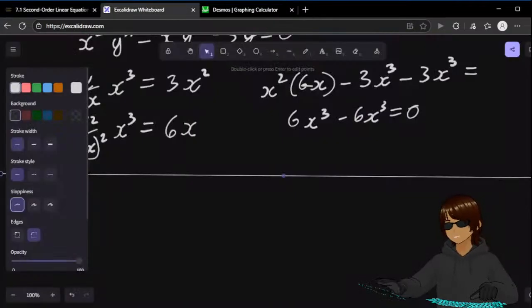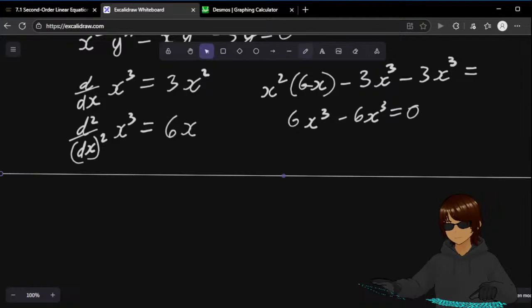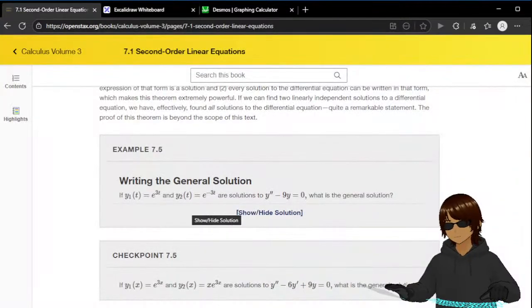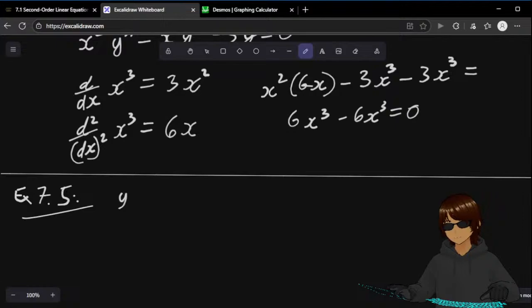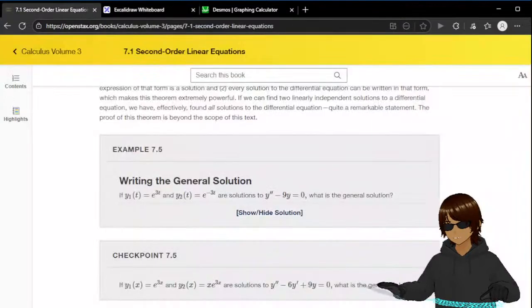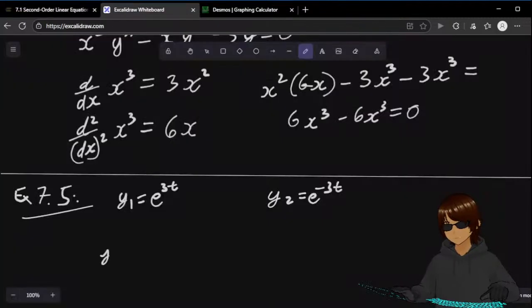Example 7.5. Y1 is equal to e to the 3t. Y2 is equal to e to the minus 3t.